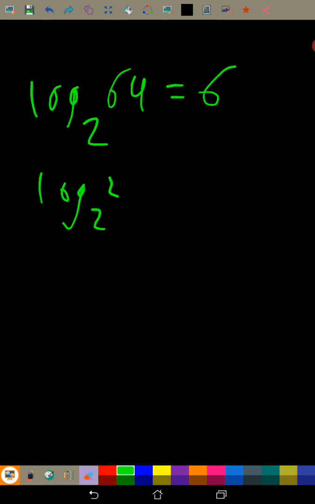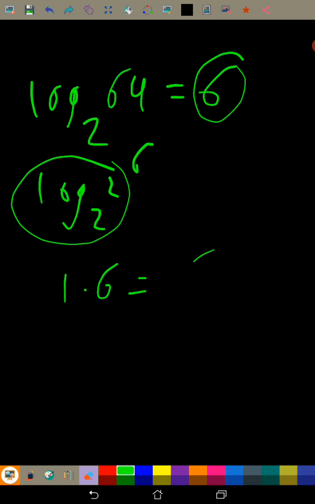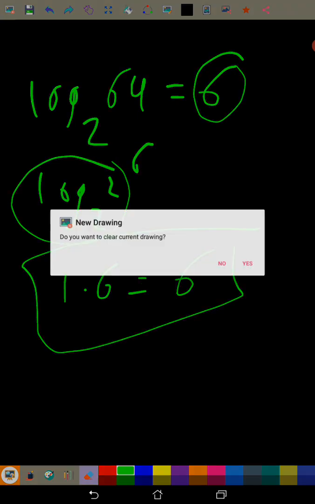Ah, okay. I understand. That was much simpler. Now I understand. If you have log base 2 of 64 and you see that it's equal to 6, of course it's going to be 1 here, and what is here is going to be this because it's 1 times 6. So we went through all this and the answer was right in front of us. But I understood it at the very last moment.